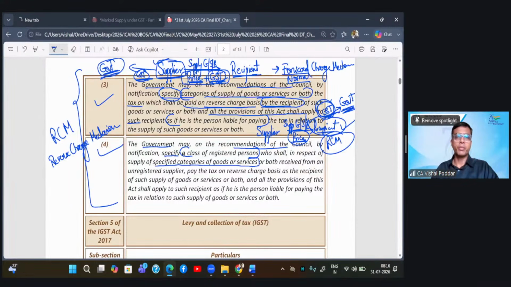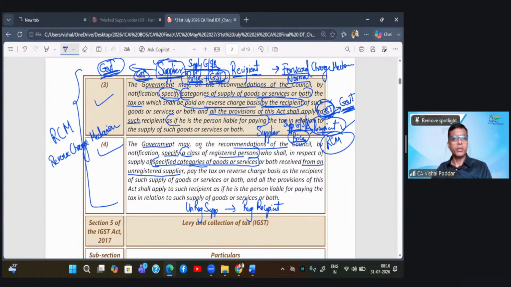So two things will be specified: the registered person who are covered, and what supply is covered. And most important, this supply they are getting from an unregistered supplier. So for 9(4) applicability, one thing is for sure, supplier has to be unregistered and recipient has to be registered.